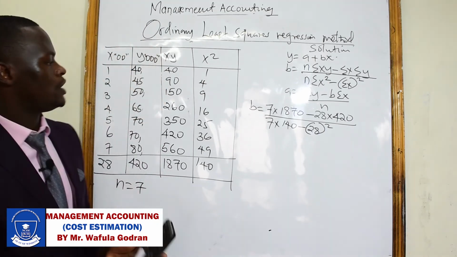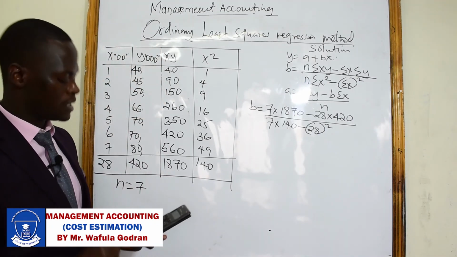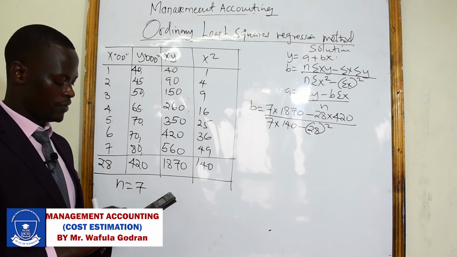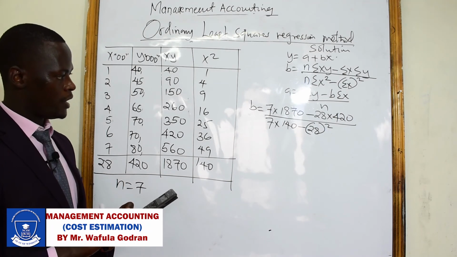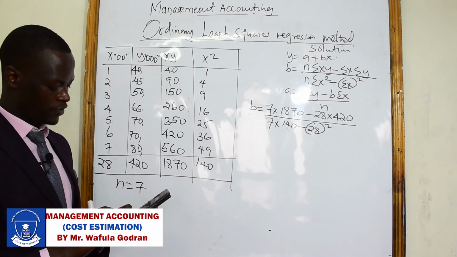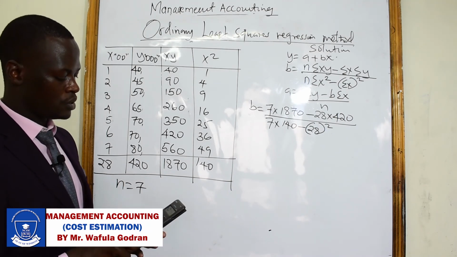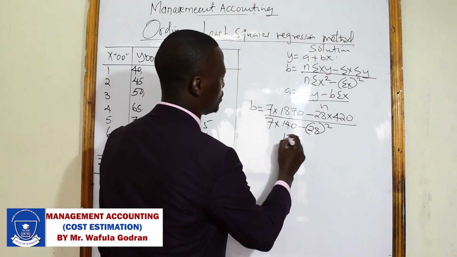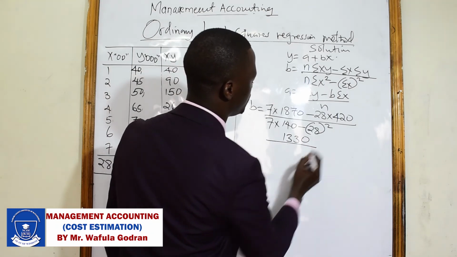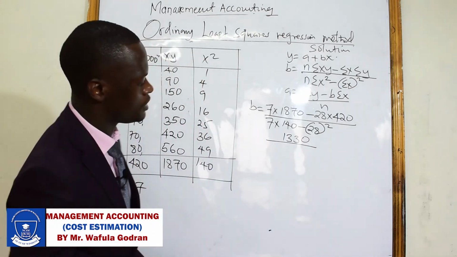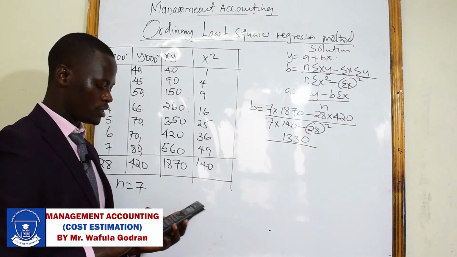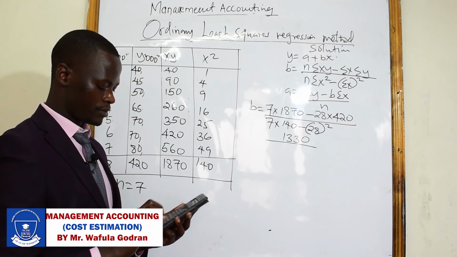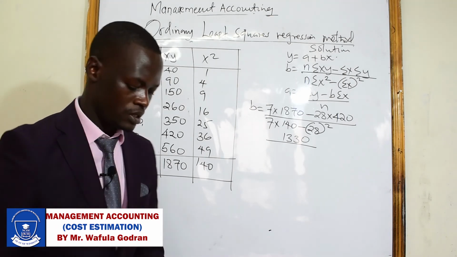So let's get the numerator. The numerator is 7 times 1870 minus 28 times 420. That gives you 1330. Divide by the denominator, 7 times 140 minus 28 squared gives you 196.